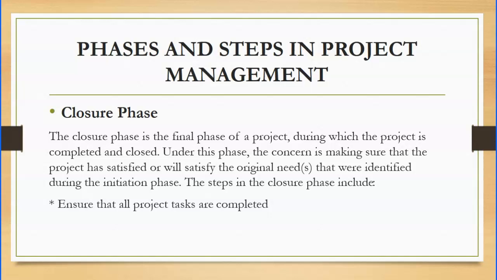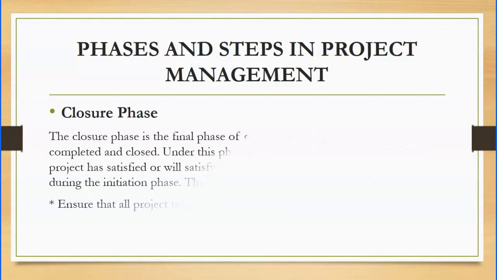And this closeout phase, or closure phase, is one of the last, where you have to see whether the deliverables are satisfying the project needs. The closure phase has steps as well. The first one is to ensure that all project tasks are completed.